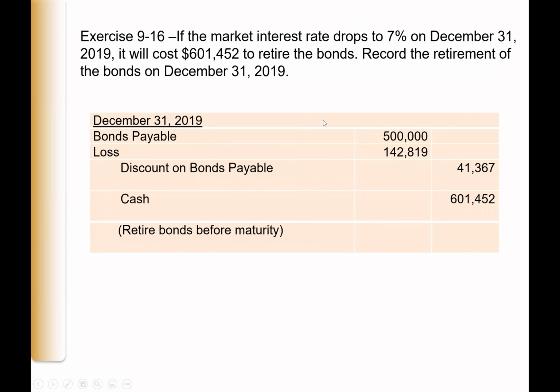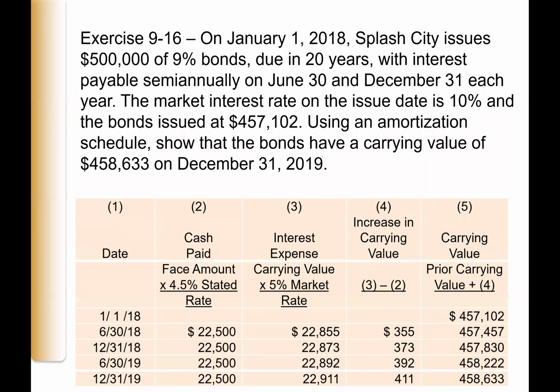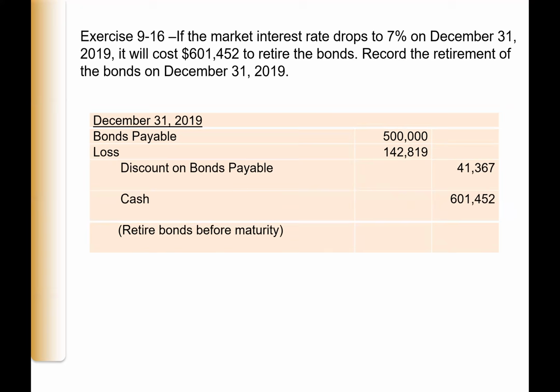Remember, you go and you look at the carrying value of the bonds. Since they were 458,633, that would be the bonds of 500, and we've got a discount of 41,367. That difference there will give you the carrying value of the bonds. Okay.